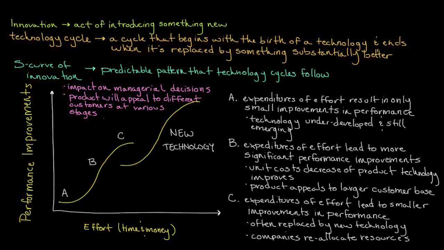One question that I commonly receive when talking about S-curves is if an increase in effort leads to minimal performance improvements early on, then why don't organizations simply begin investing in emerging technology once it has developed? This is a good question, as a reasonable person would want to maximize the return they receive on an investment. But think about the time when technology does begin to develop and those performance improvements begin to become more significant.